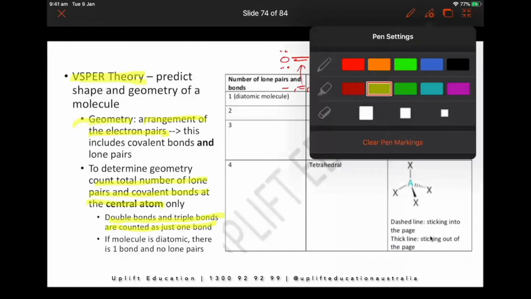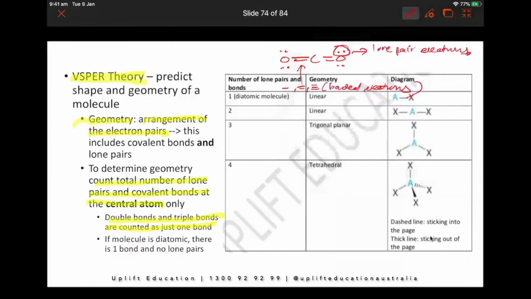Now that might be a bit confusing, but if it's in the same place, then that doesn't affect the geometry. Because when we're looking at geometry, for example, looking at this, we're looking at how it's actually arranged around the central atom. So if it's a double bond, it's not actually going to move this X anywhere to the left or the right. So we count double bonds and triple bonds just as one bond.